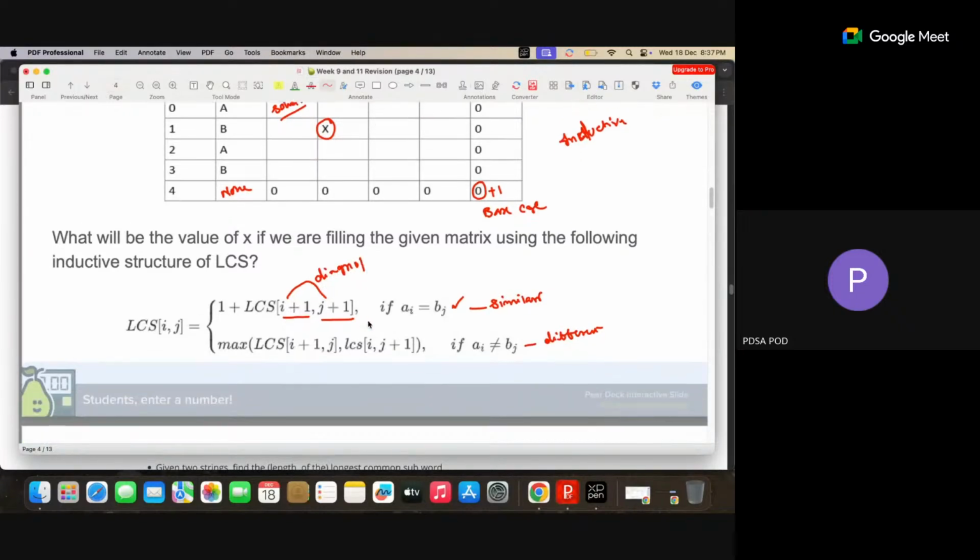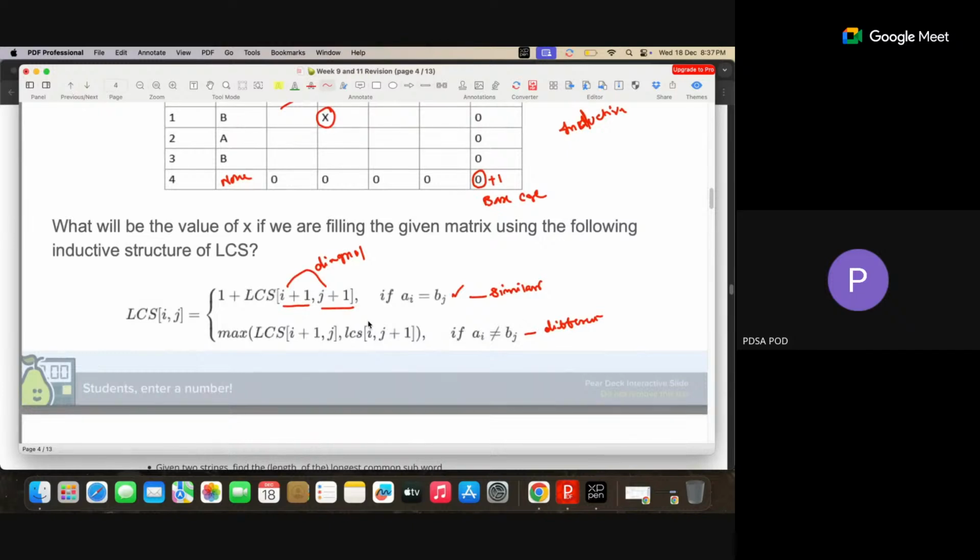Whenever the characters are not equal, we look at i plus 1, j and i, j plus 1. They take two different values: the bottom value and the right value.